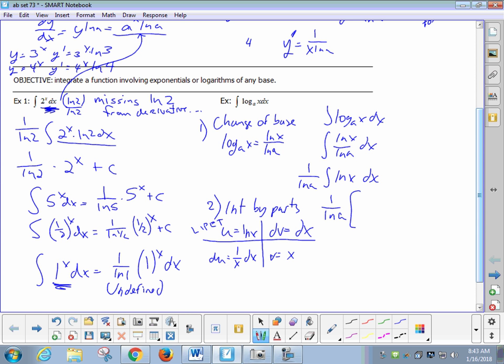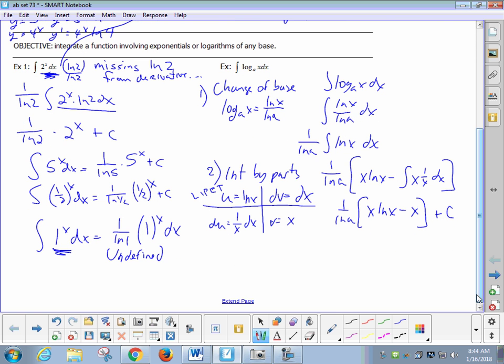Ultraviolet is uv, or x natural log of x, minus voodoo, v du, is x times 1 over x dx. Natural log of x is fine, and the antiderivative of 1 is x plus c.